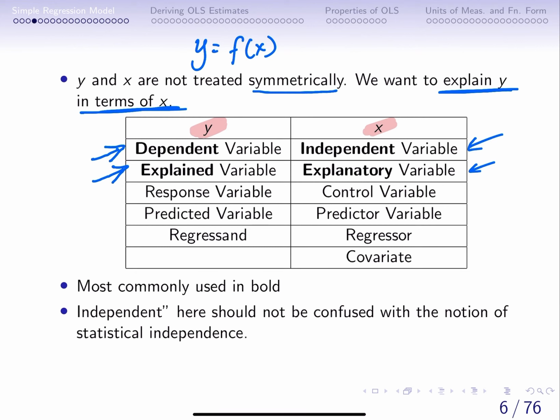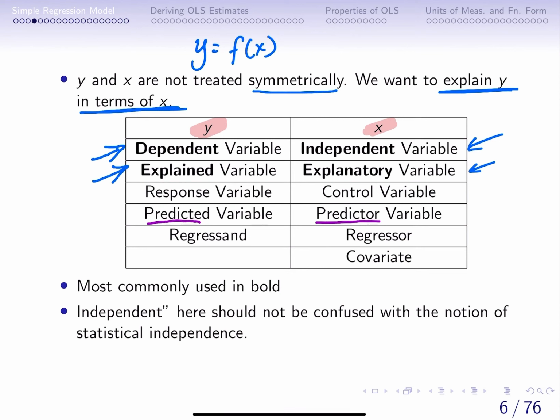There are some other terms that are also used. For example, y is called the response variable, right? It's responding to something. And x is the control variable, right? It is controlling this effect or this response in y. Y is also called the predicted variable because it is being predicted by this predictor variable x, okay?